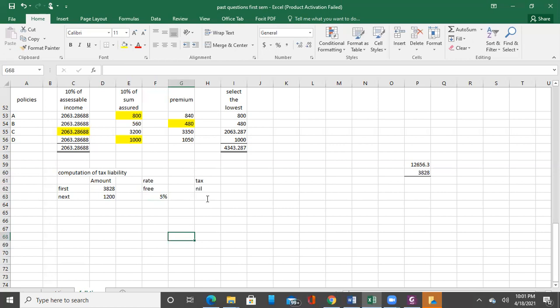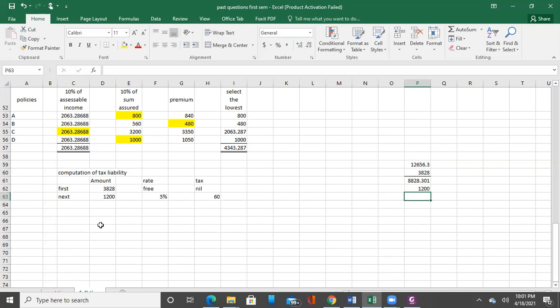Which is basically equal to this multiplied by this. So if after taking off the 3828 from the 12656, we still have more money, we have to subtract 1,200 from it again.